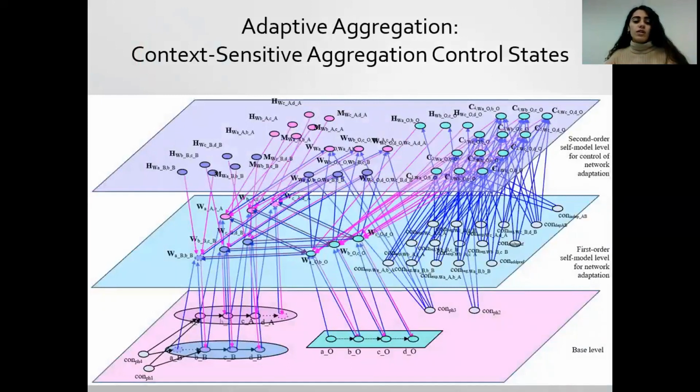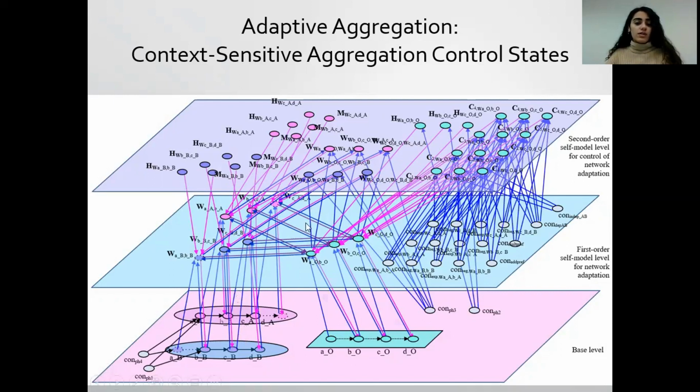And also, we thought that we can improve our models by adding some characteristics like context sensitivity. This is our context-sensitive aggregation control model for adaptive aggregation. What is adaptive aggregation? Adaptive aggregation is the selection process of combination functions that will be used for aggregation of individual mental models.